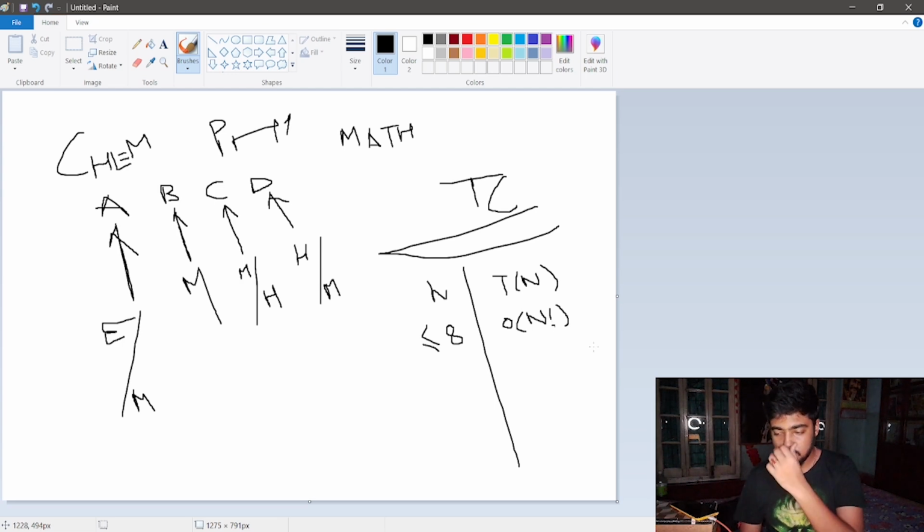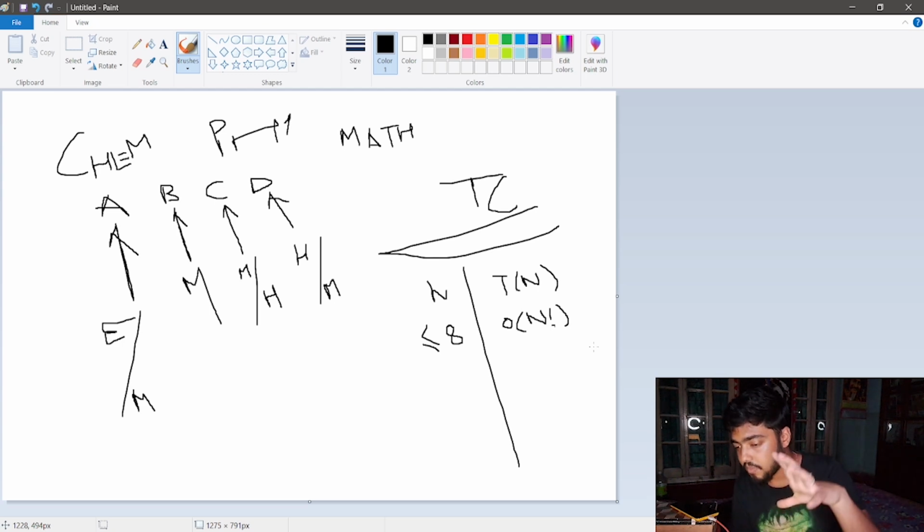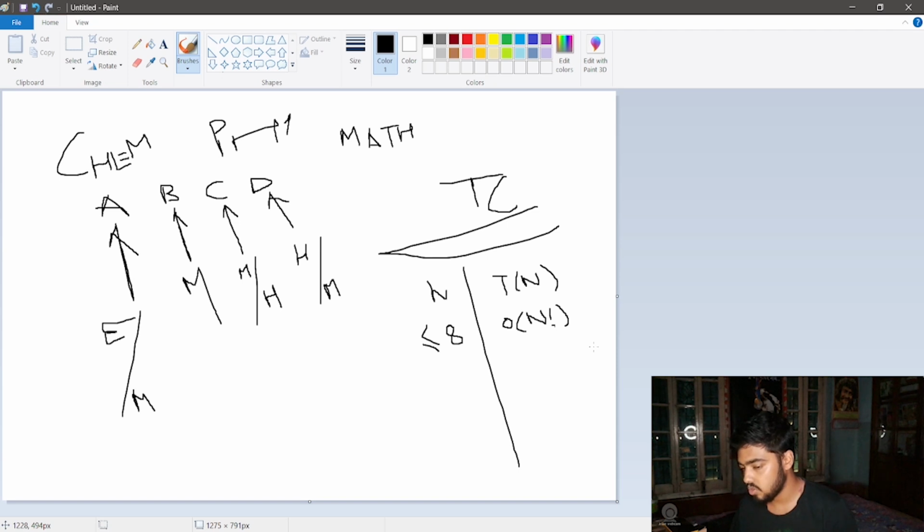Why is it so? Whenever you check a big O, you have to check that the expression for the largest limit stays well before 10 to the power 8. It can also be somewhere around 10 to the power 9, that is the maximum limit, but you should keep it well before 10 to the power 8.